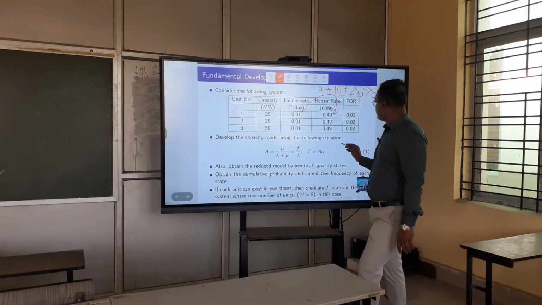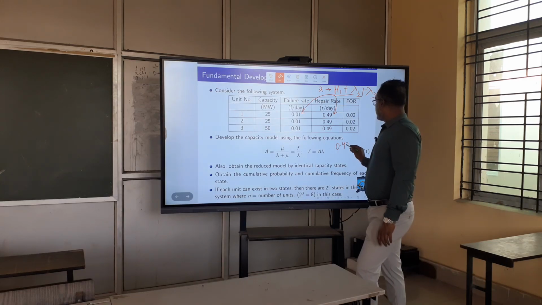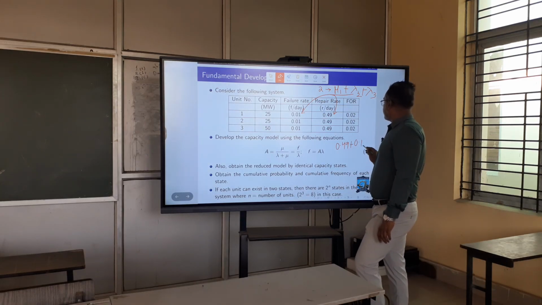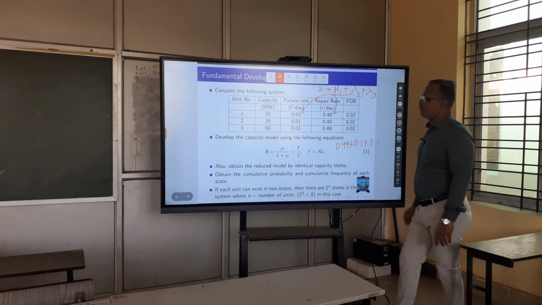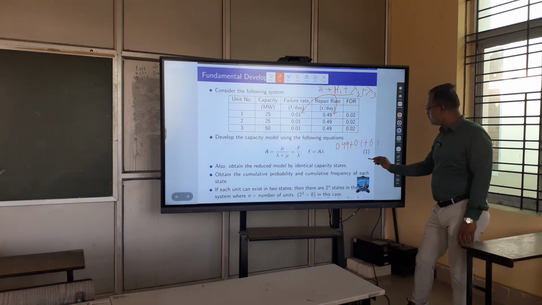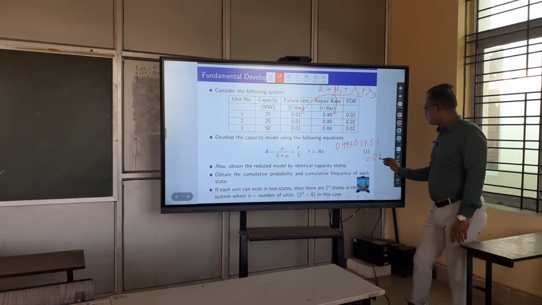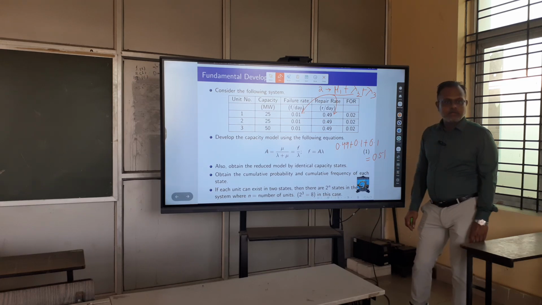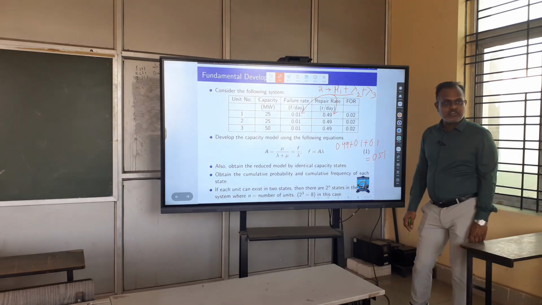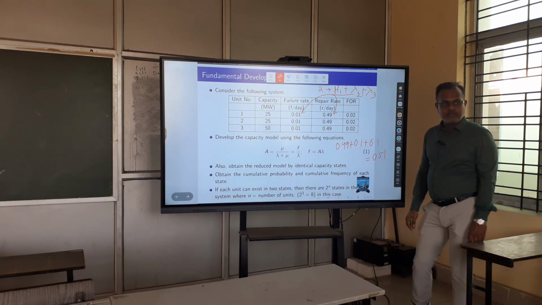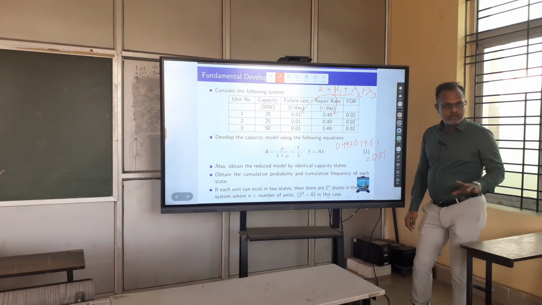So the departure rate is 0.49 plus 0.01 plus 0.01, which is equal to 0.51. So the departure rate from state 2 is 0.51. Is it clear how to calculate the departure rate? Clear?